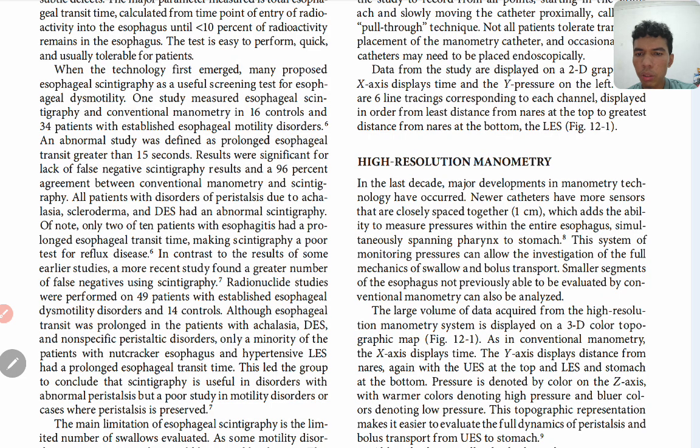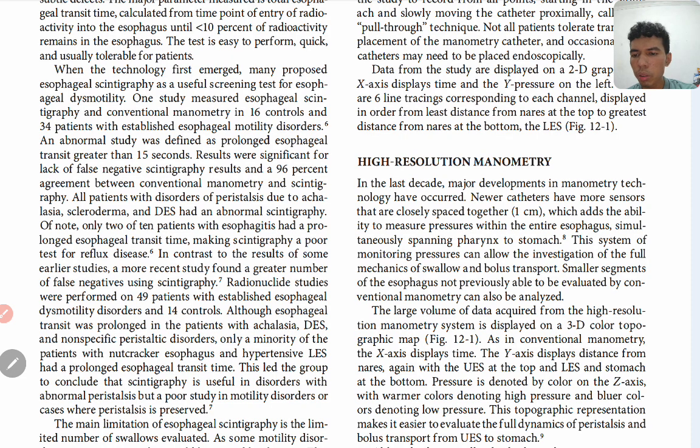In contrast to the results of some early studies, a more recent study found a greater number of false negatives using scintigraphy. Radionuclide studies were performed on 49 patients with established esophageal motility disorders and 14 controls.